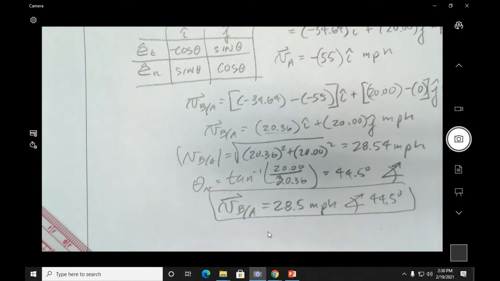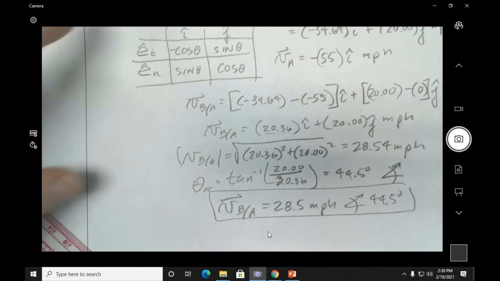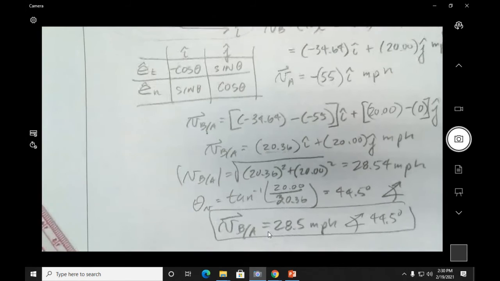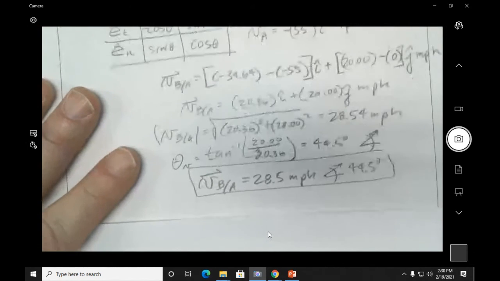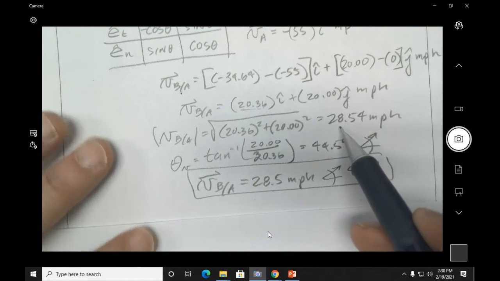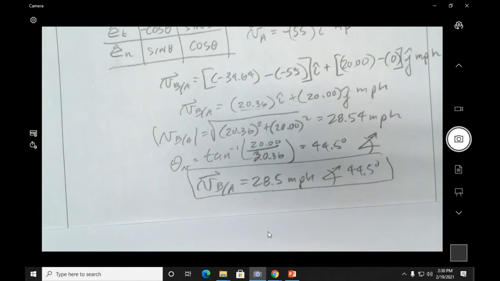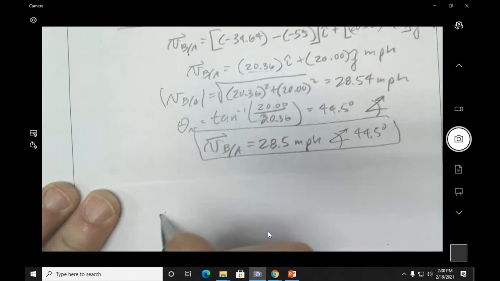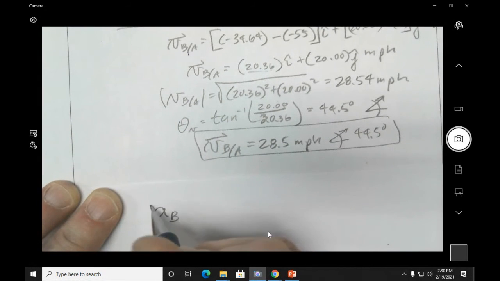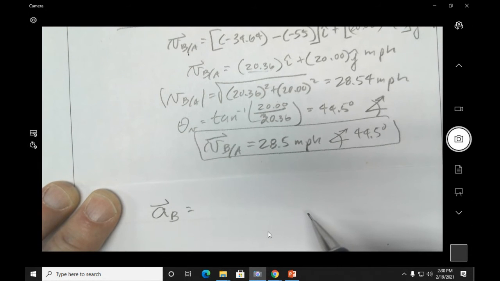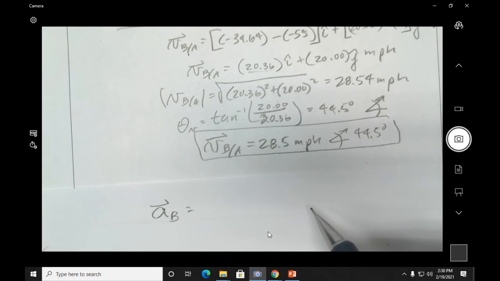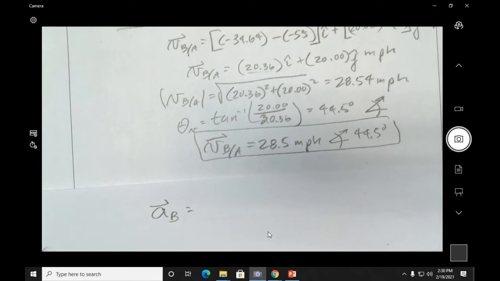And then for the second part, because we already have this up here, it's not too terribly difficult to do. We have the magnitude of, let's see, I don't want to skip out here. Okay, so let's take the acceleration of, which one, B. All right, is A changing anything?